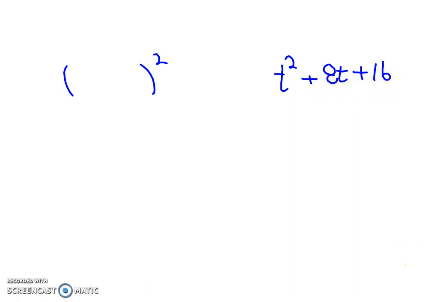Okay? So it worked. So we should be able to write t from the t squared, 4 from the 16, and because it has to add together to get positive 8, we'll write it like that. So you've now seen how to take a squared binomial and write it as a perfect square trinomial, and how to take a perfect square trinomial and write it as a squared binomial. Okay, that's it.